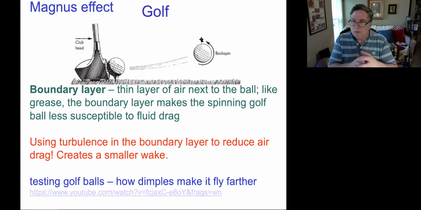It was kind of like the baseball pitchers we talked about a moment ago, who would scuff up a ball with sandpaper or put a foreign object on it. As the surface gets rougher, it creates a more significant boundary layer. That boundary layer literally makes it slippery.